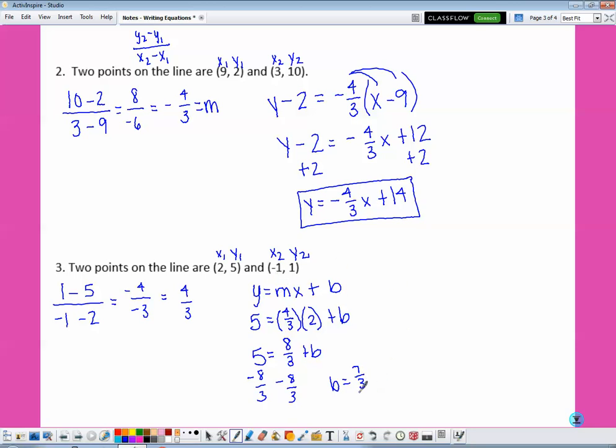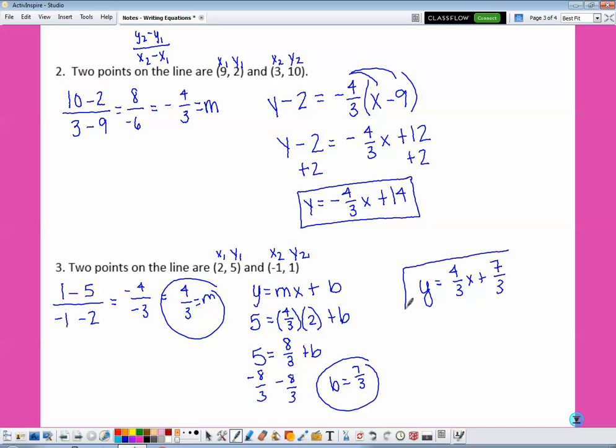So now that we know what b is and what m is, we can go back and say that y equals 4/3 x plus 7/3. You could have done it using point-slope form, and you still would have gotten the same answer.